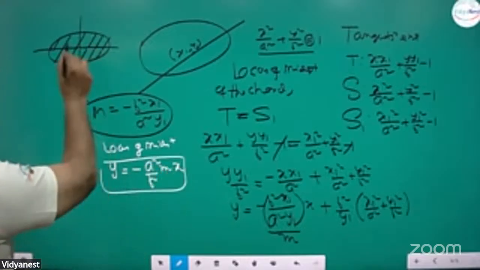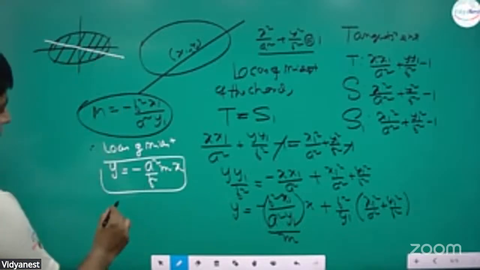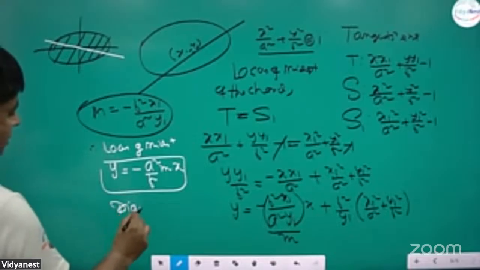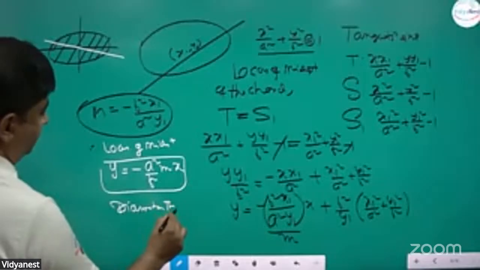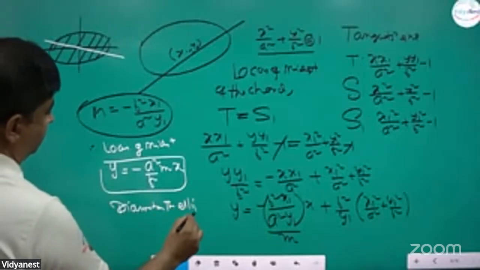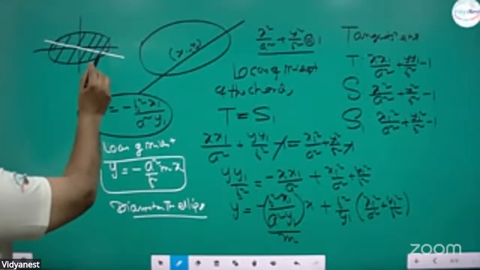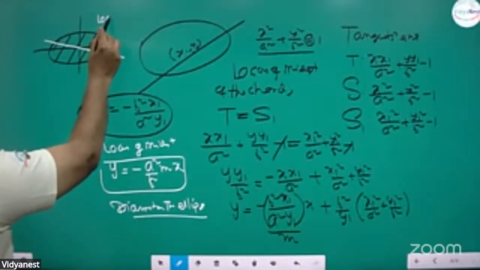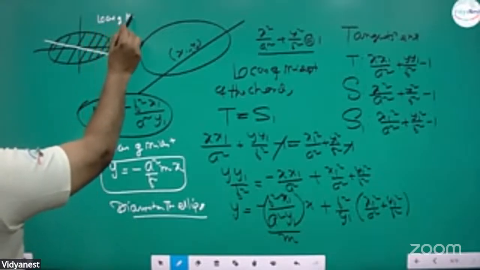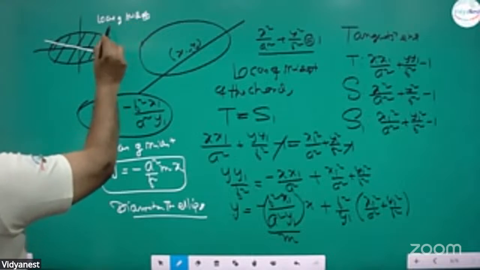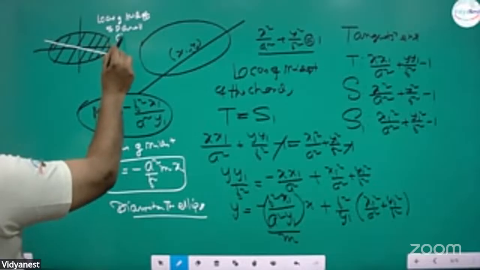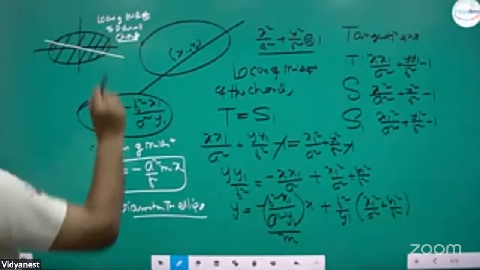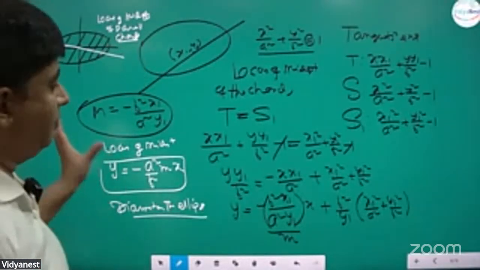That is the diameter of the ellipse. Diameter means the locus of midpoints of parallel chords.